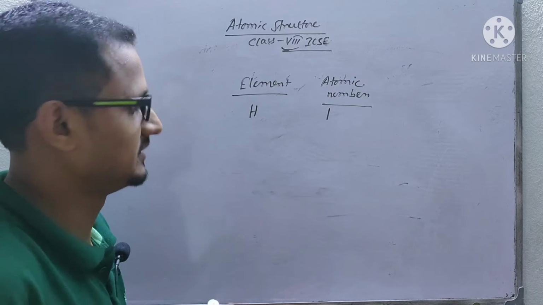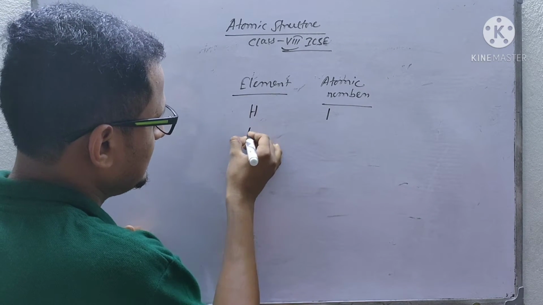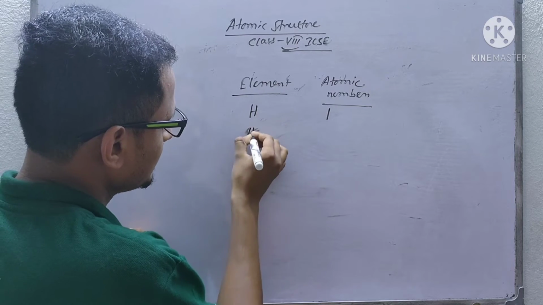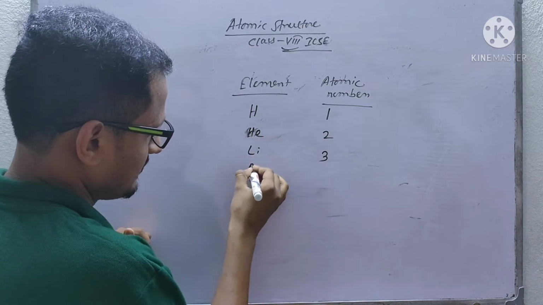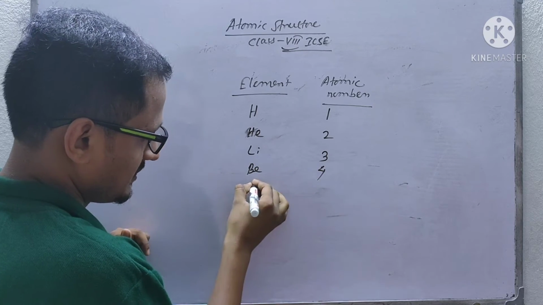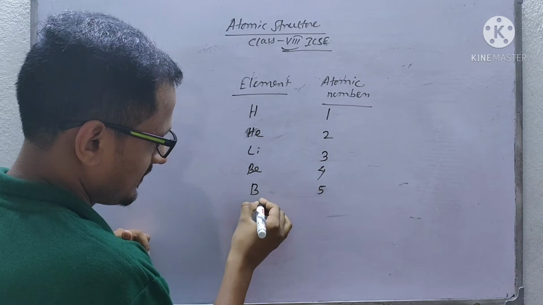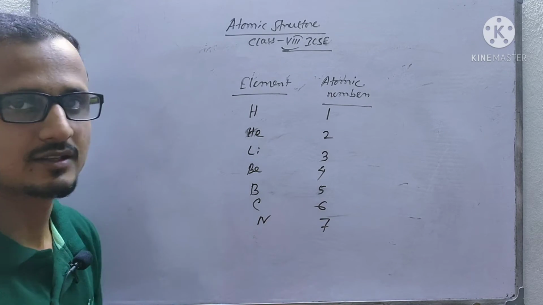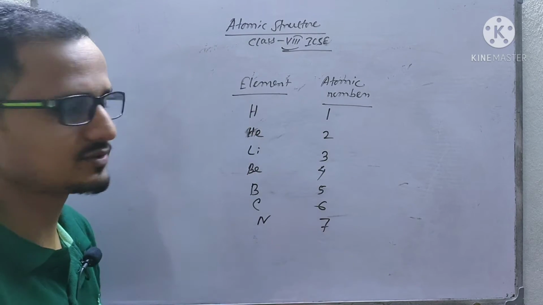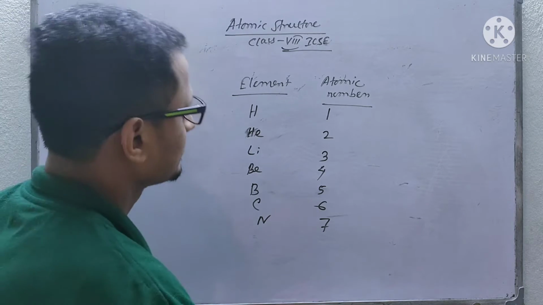For helium, 2 electrons. For lithium, 3 electrons. For beryllium, 4 electrons. For boron, 5. For carbon, 6. For nitrogen, 7. Take the screenshot of this one or write it.